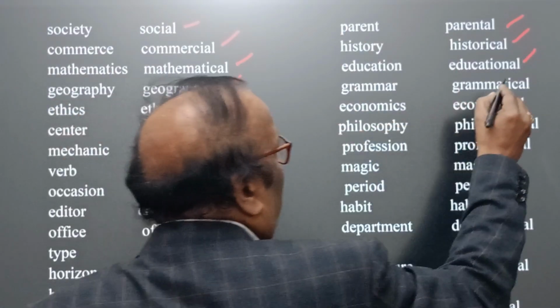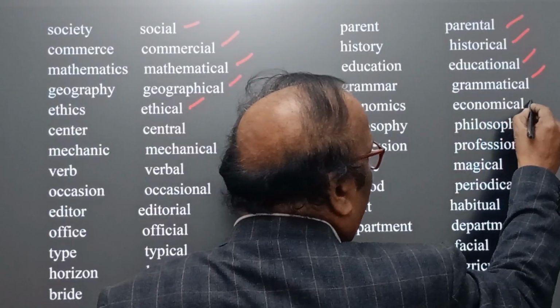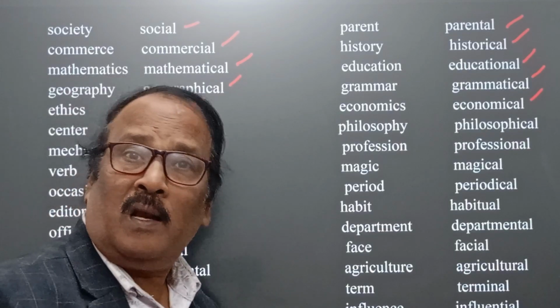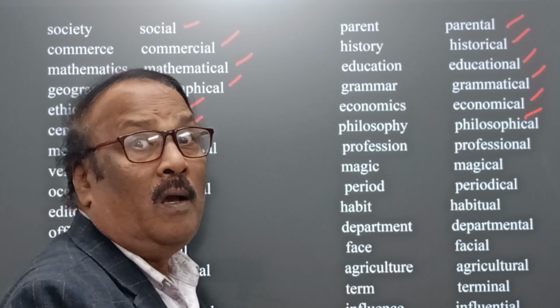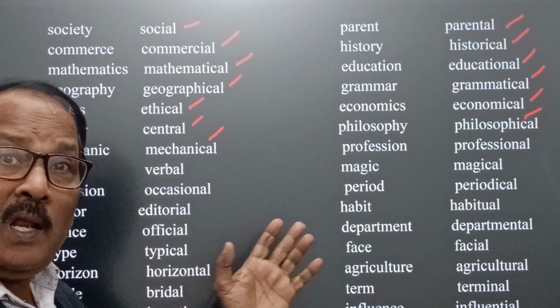Geographical location. Grammatical error. Ethical knowledge. Economical problem. Central government, central figure. Philosophical thought here. Mechanical person.